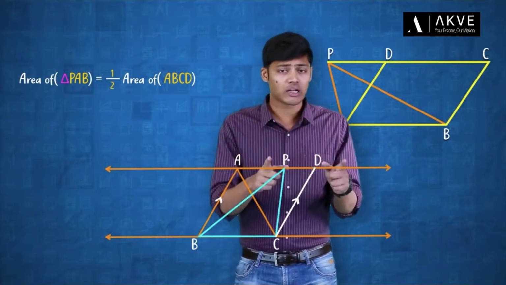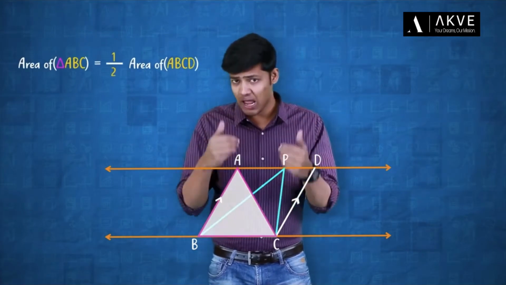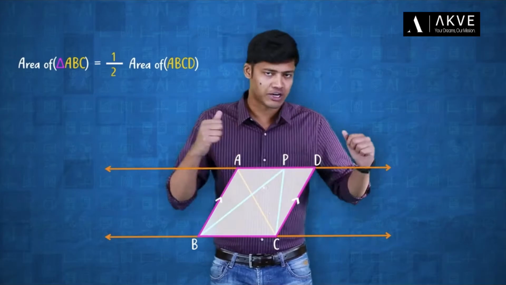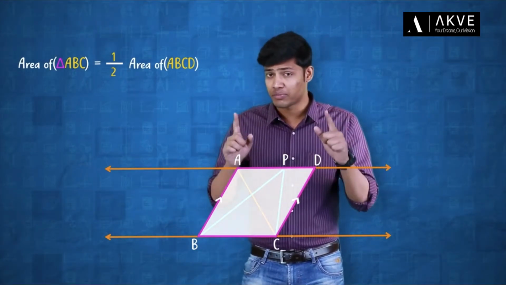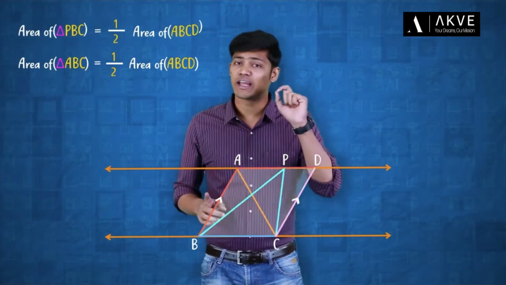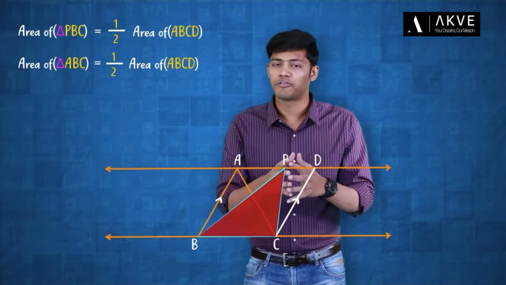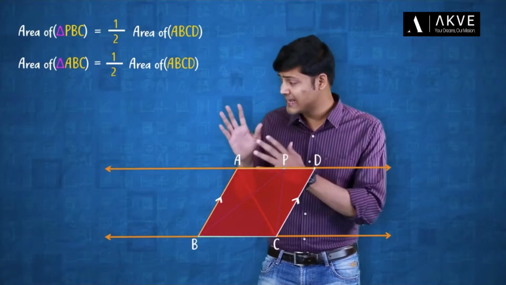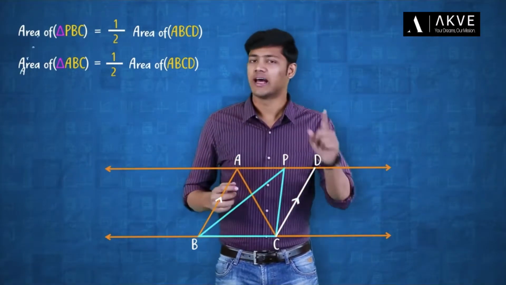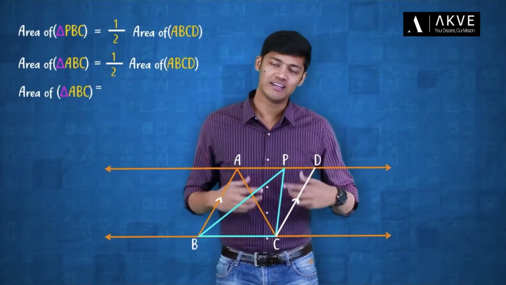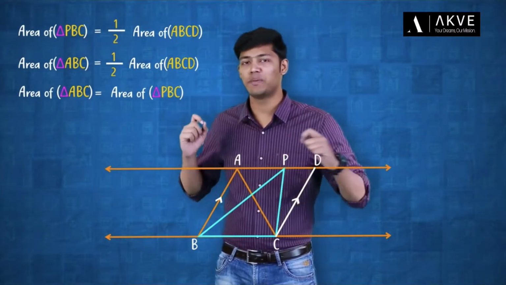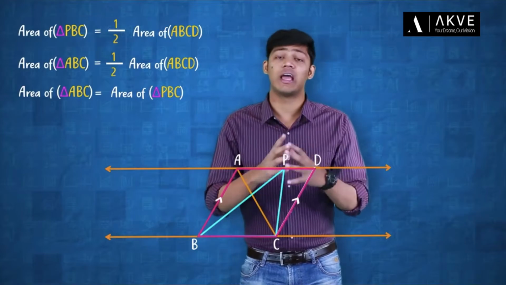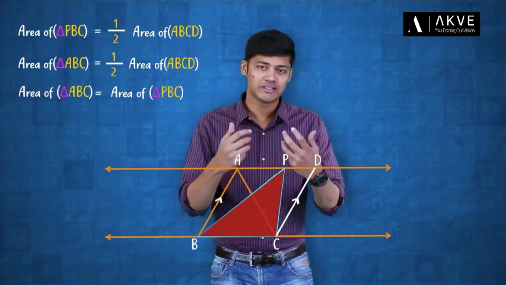So, we can conclude that the area of the triangle ABC is half the area of the parallelogram ABCD. Also, for the same reason, the area of the triangle PBC will be half the area of the parallelogram ABCD. From this, we can clearly see that the area of the triangle ABC is equal to the area of the triangle PBC, since both their areas are half the area of the parallelogram ABCD.